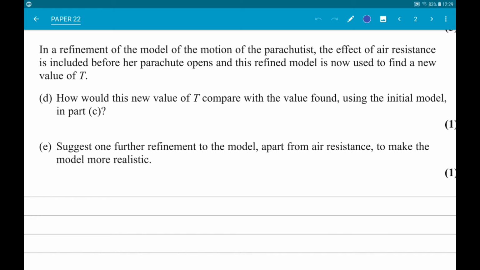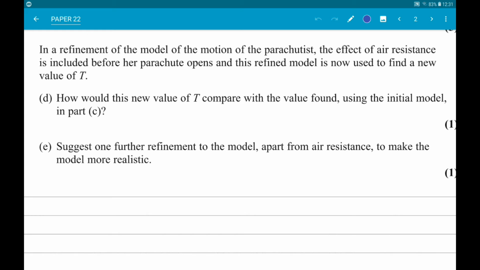So, air resistance slows you down, so in the new model, speed after 3 seconds is going to be slower, so after 3 seconds she would have fallen less distance, so it's going to take her longer to reach the ground. So this new value of T will be larger than the one we just calculated.